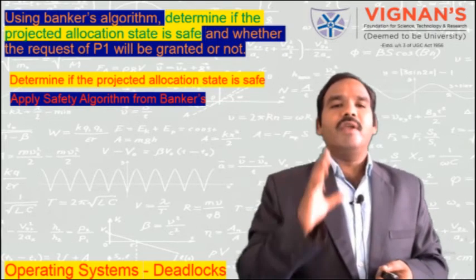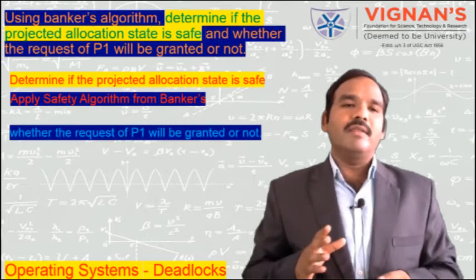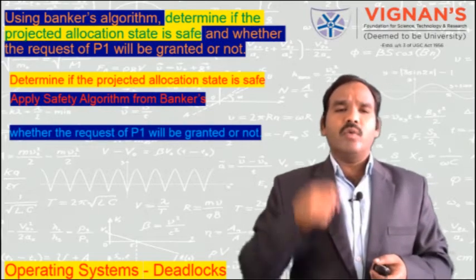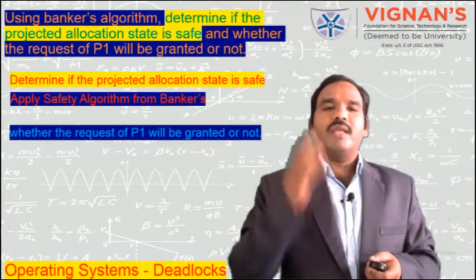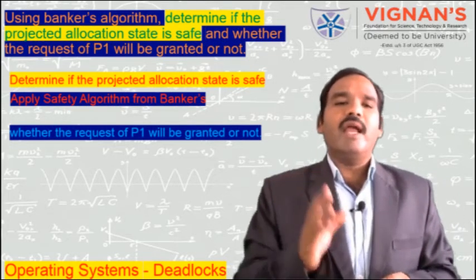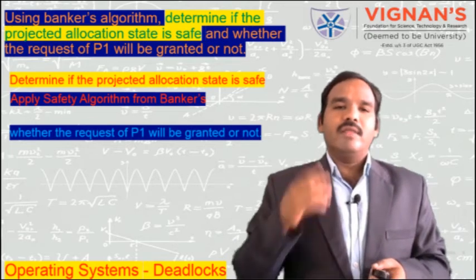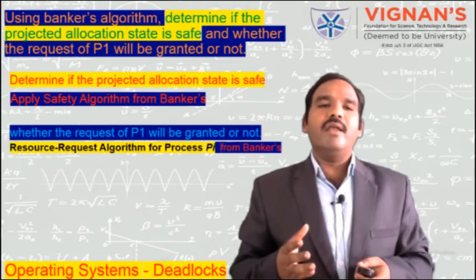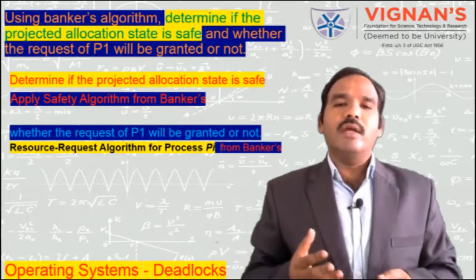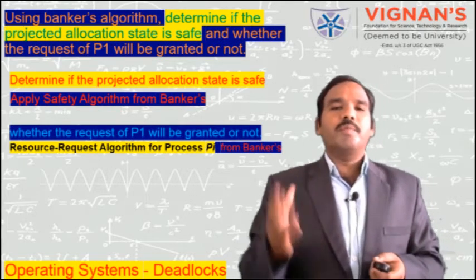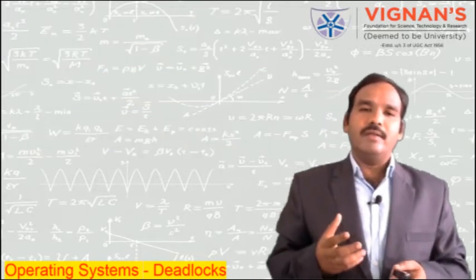Apply the safety algorithm from the Banker's algorithm. And next, whether the request of P1 will be granted or not. What is the algorithm we are going to apply? The resource request algorithm for process Pi from the Banker's algorithm.